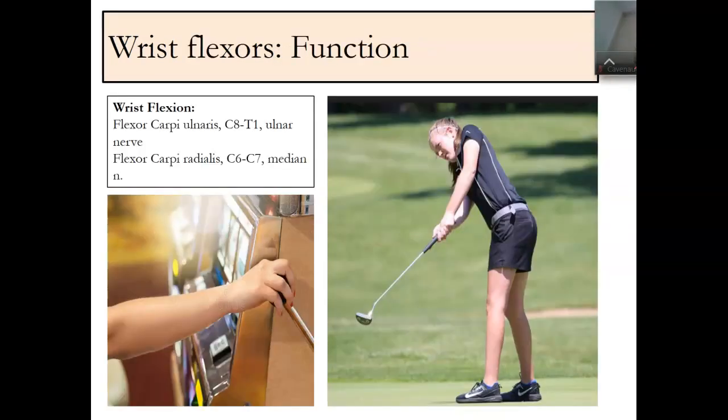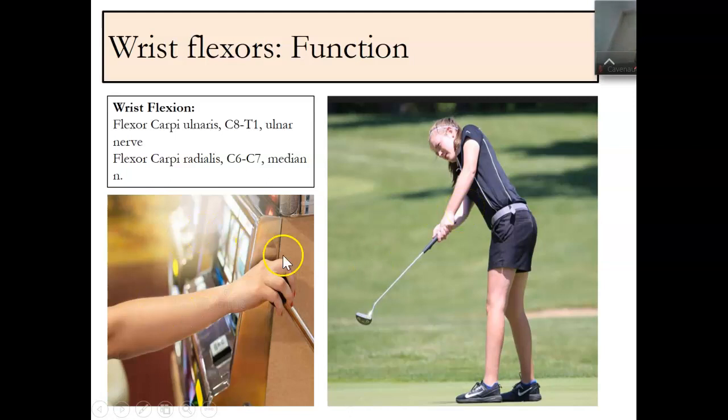Wrist flexors. She's flexing her wrist as she hits that golf ball. This person is flexing their wrist as they come down. Visualize them coming down with a slot machine. I don't know if they have slots like that anymore. I'm guessing it's mostly just digital, just hitting buttons. Flexor carpi ulnaris, flexor carpi radialis, and something you can get with excessive wrist flexion, heavy wrist flexion.